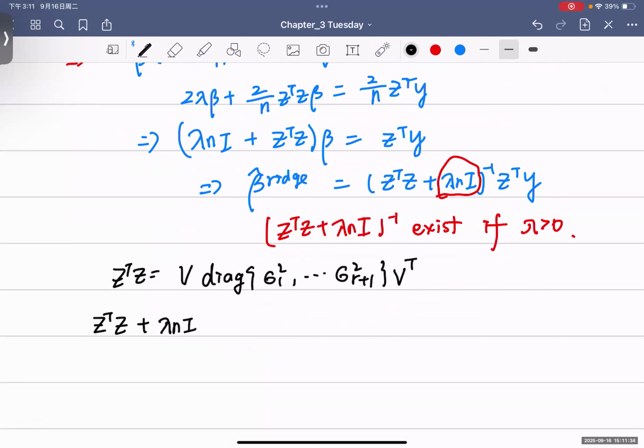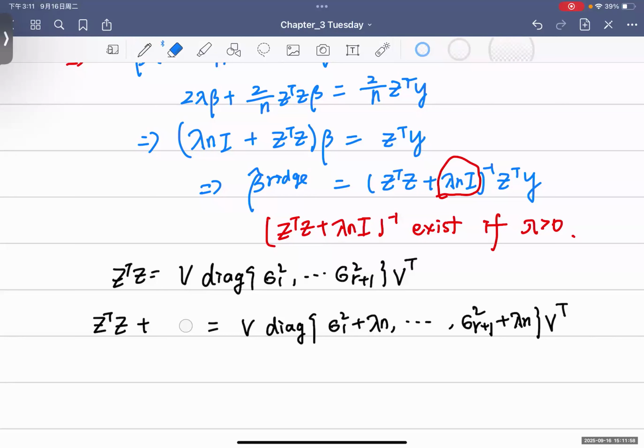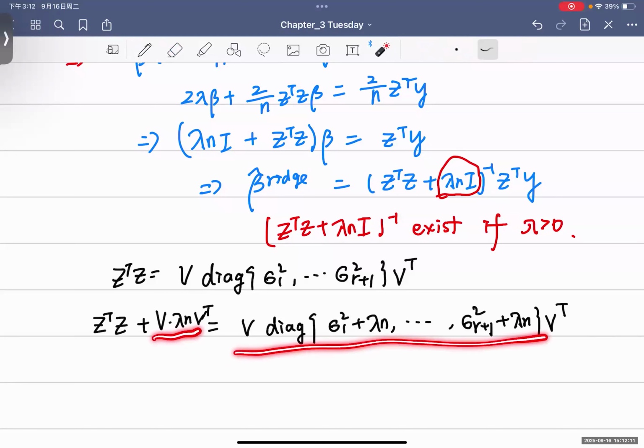Following our earlier statement, it becomes V times the diagonal sigma 1 squared adding lambda n, to sigma r plus 1 squared adding lambda n, times V transpose. This is because we can break I as V times lambda n times V transpose, since V is an orthogonal matrix.